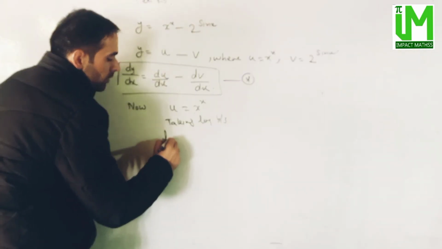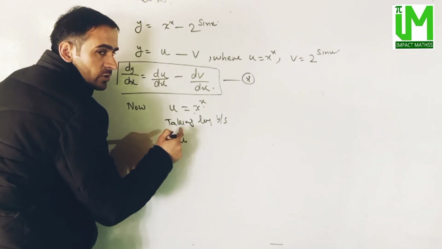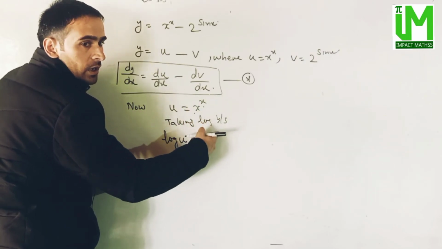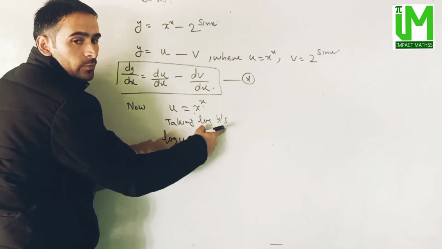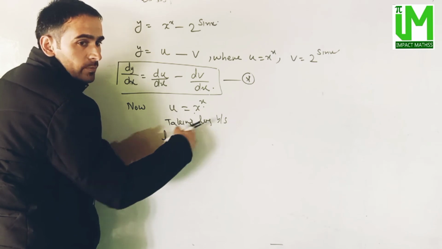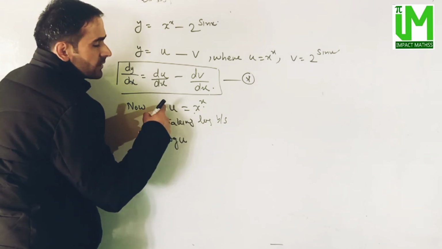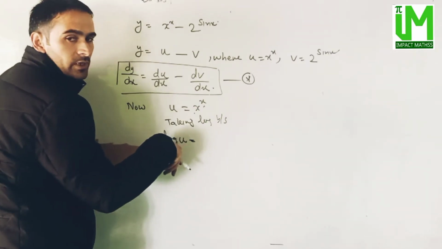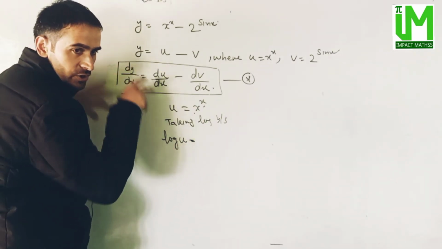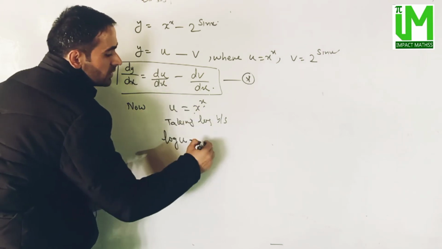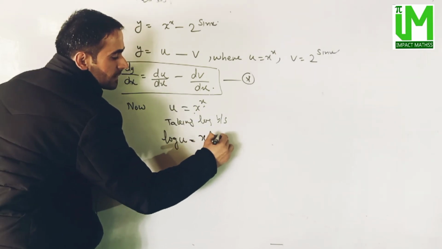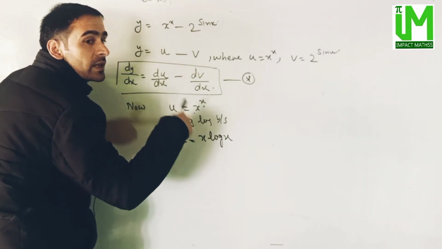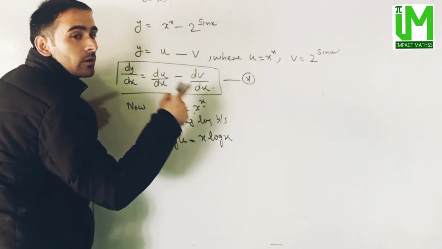So log of u is equal to, when you get acclimatized to this, you can directly write log of u is equal to x log x. This reduces the calculation steps. Why? Because we know log of m raised to power n is equal to n log m.